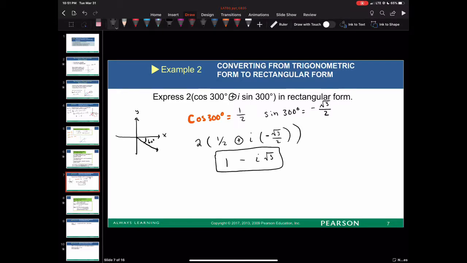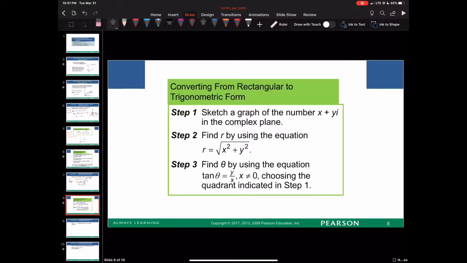So let's look. Converting from rectangular to trigonometric form: sketch a graph of the number x plus yi in the complex plane. Find r by using the equation r is equal to the square root of x squared plus y squared.